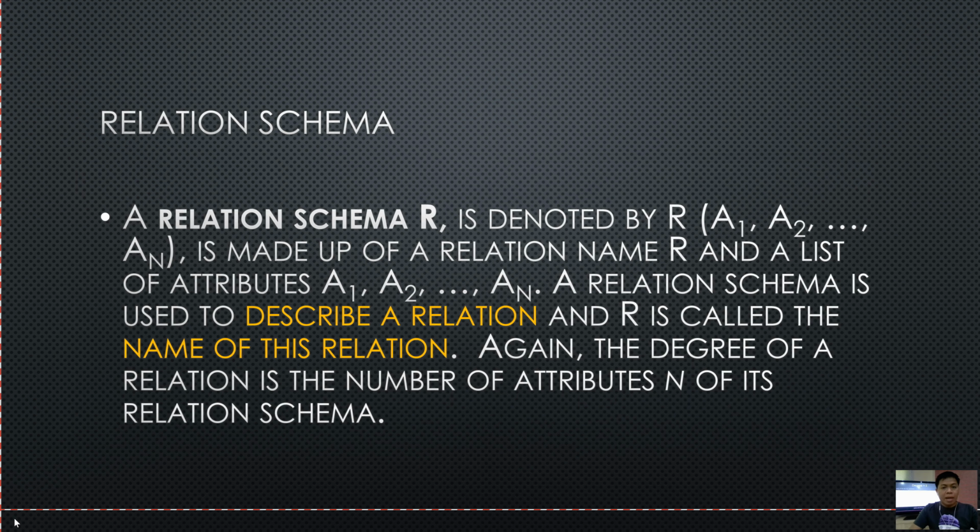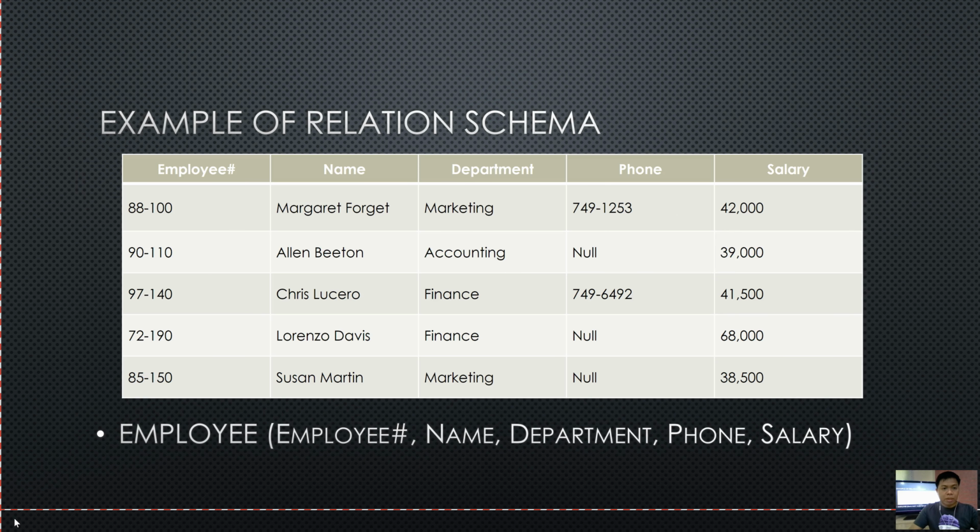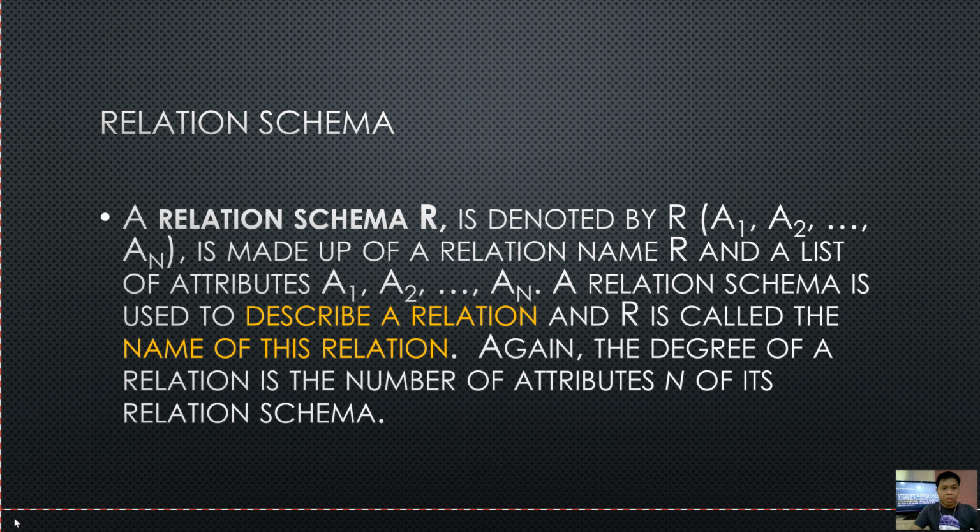Now let's jump into defining what is a relation schema. A relation schema R is denoted by R of A sub 1, A sub 2 to A sub n, and is made up of a relation named R and a list of attributes A sub 1, A sub 2 to A sub n.